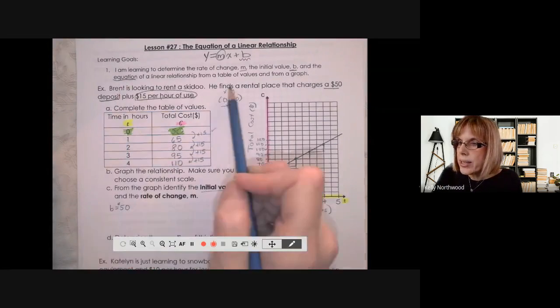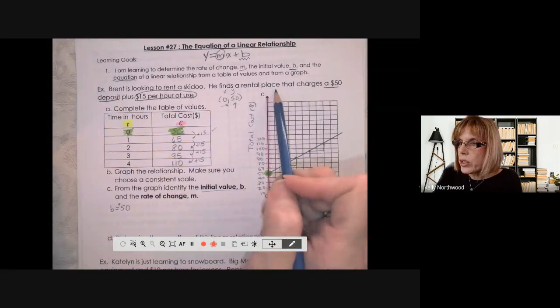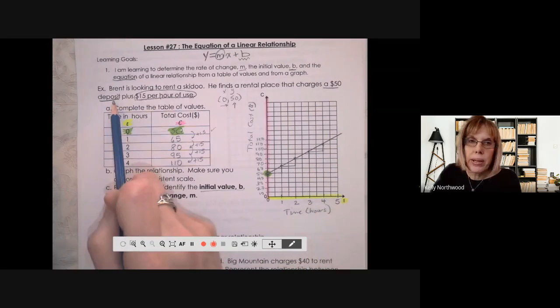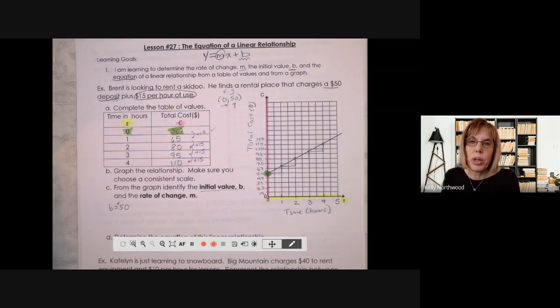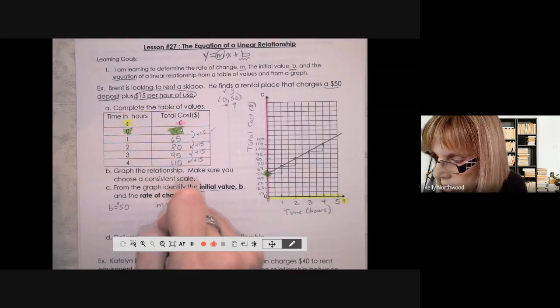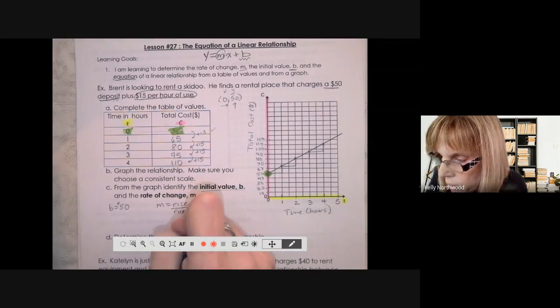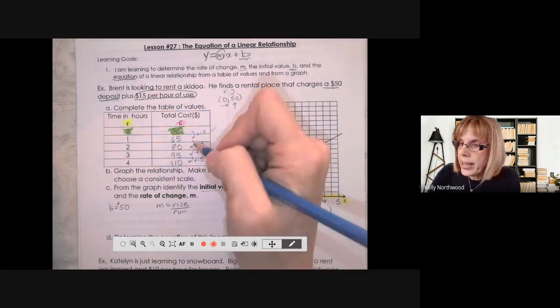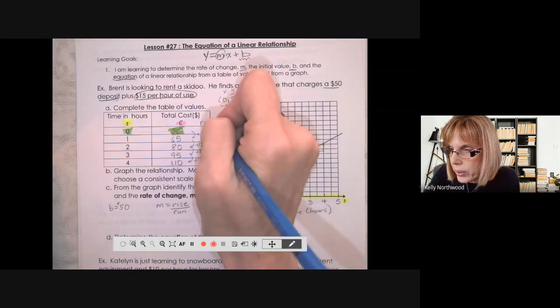From the words, the rental place charges a $50 deposit, which you only pay once. So initial value, what you pay initially or at the start. Makes sense from the words as well. And then the rate of change. So we know that that's M and we know it's rise over run. We can get the rise from the table.